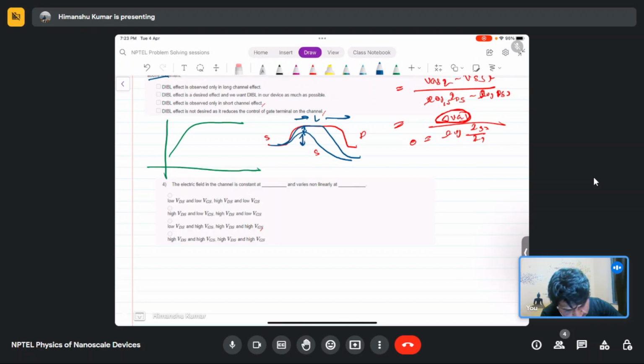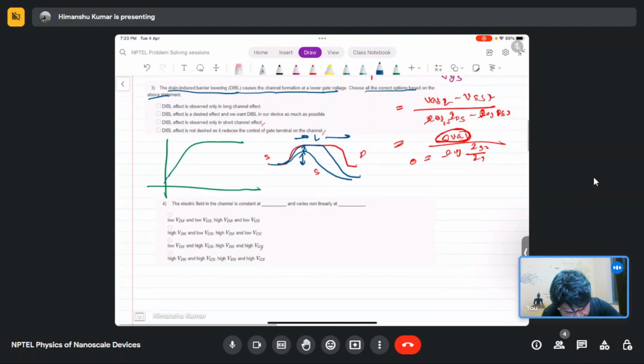Ideally this is the ID-VGS characteristic, and those will be shifted in parallel. Now although our device is turning on, VT1 is less than VT2, but there is a catch.